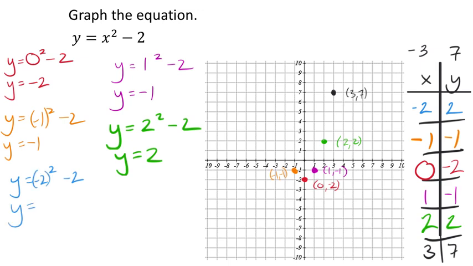So negative 2 times negative 2 is 4. 4 minus 2 is 2. And we notice that we get that same value right there. So we'll put that on the graph at negative 2, 2, right here. And then, like we said before, we should get negative 3, 7 right here. Right there.